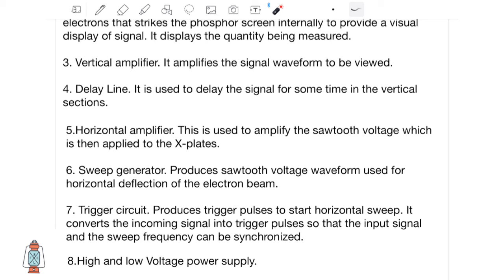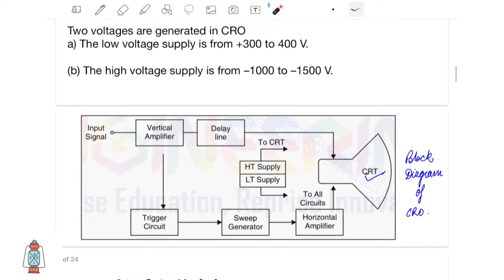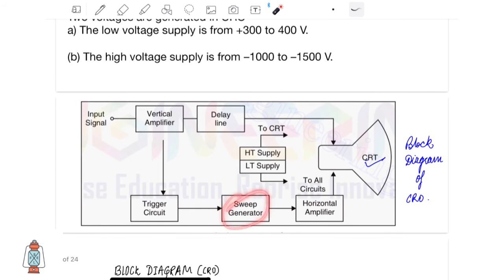Now sweep generator, very important. This is the sweep generator. The function of sweep generator I will be dealing in the coming lecture. जैसे हम CRO में आगे पढ़ेंगे, उस पे हम तब इसको डिस्कस करेंगे, then it would be more clear.